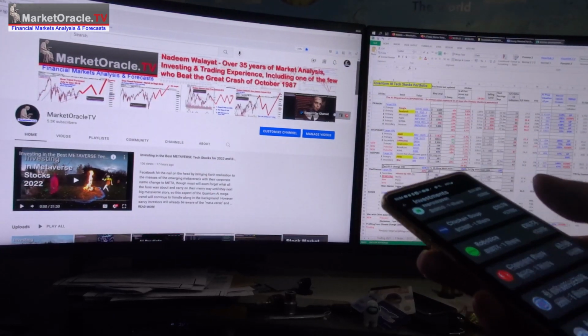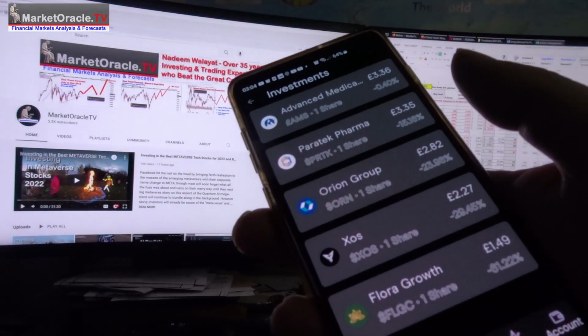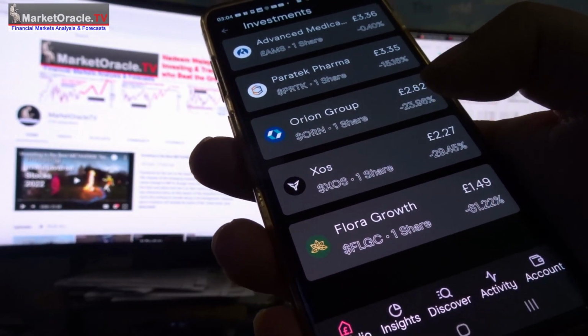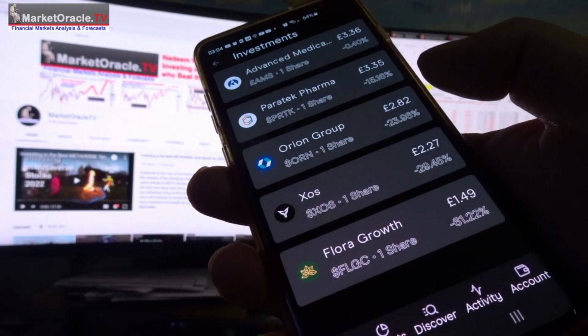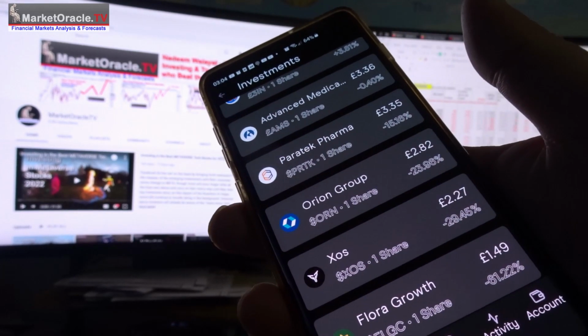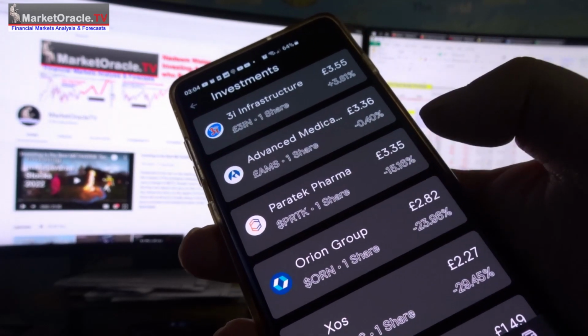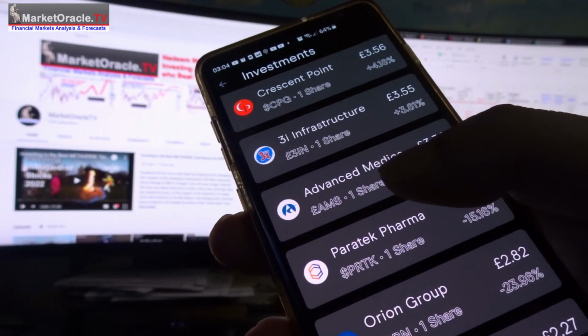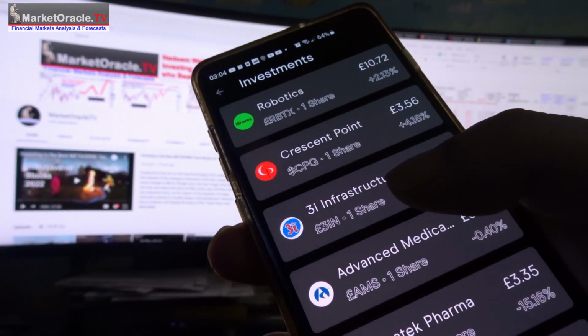These are the free shares they gave. I think I referred about 7 or 8 people. Flora Growth, £1.50, Exos, £2.20, Orion Group, £2.80, Paratech Pharma, £3, another one, Advanced Medical, £3, look, £3.50.